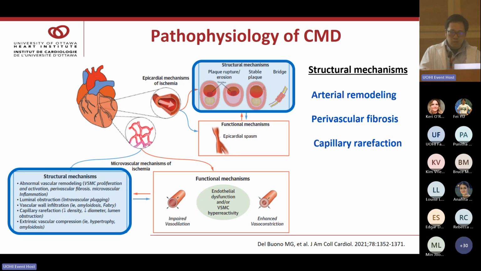In these conditions, adverse remodeling leads to thicker vessel walls due to smooth muscle hypertrophy, collagen deposition, and variable intimal thickening. And remember, these remodeling processes tend to be diffuse and involve the entire left ventricle.